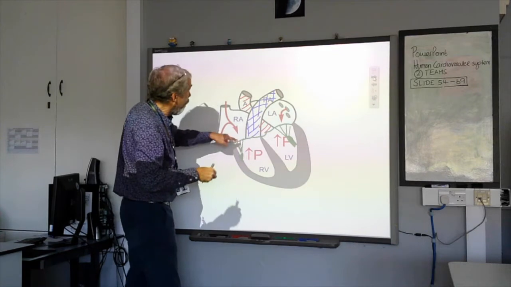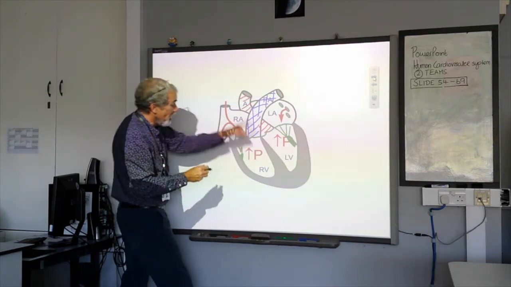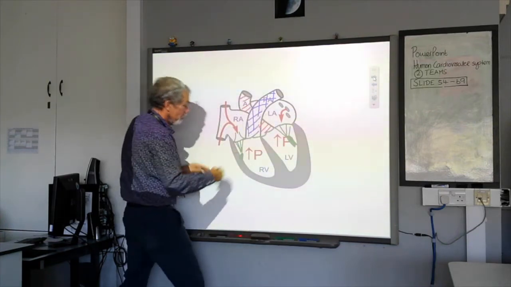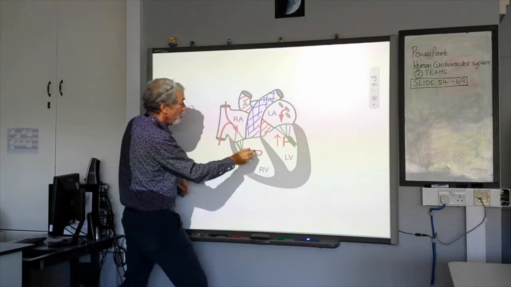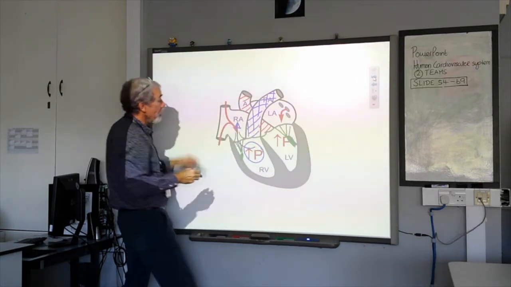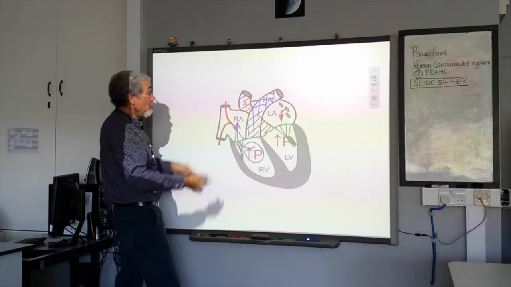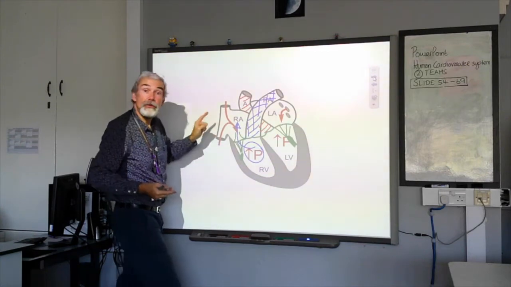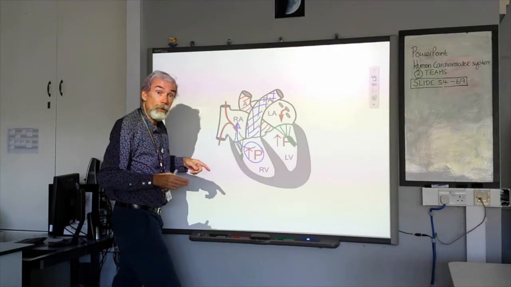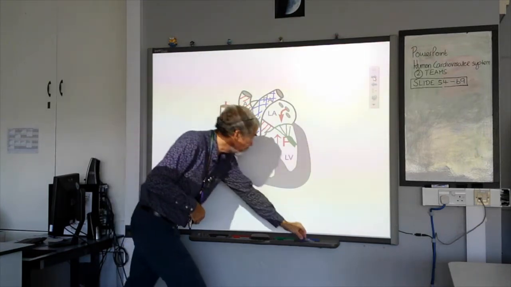We do not want that valve to open that way, because that would allow all of the blood that is down here, which should be in blue, to go back that way. It's only just come in. We don't want it to go back into the atria, because valves only allow blood to flow in one direction, and the direction they allow blood to flow in is that way, not that way. Okay.